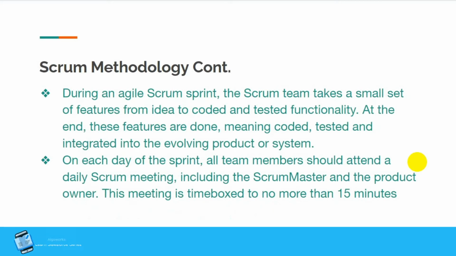During an agile process, the Scrum team takes a small set of features, from idea, to code, to test of the functionality. To discuss the overall progress on a daily level, a 15-minute meeting is recommended on a daily basis, and that is normally headed by either a product owner or a Scrum master.